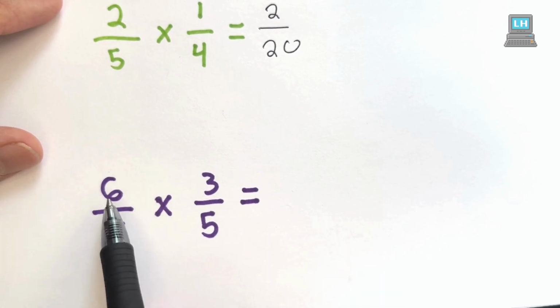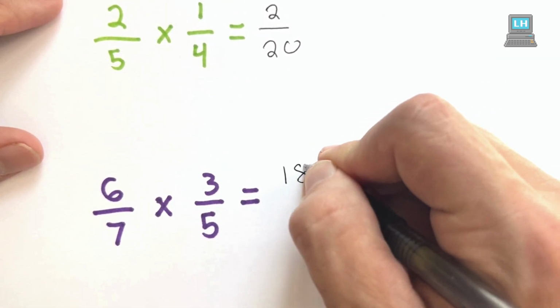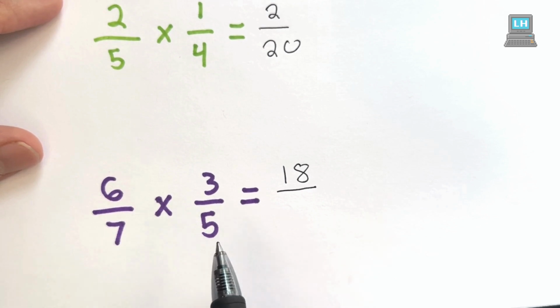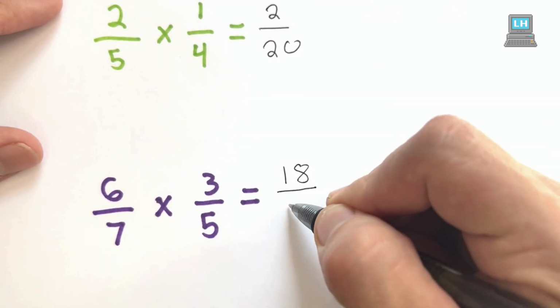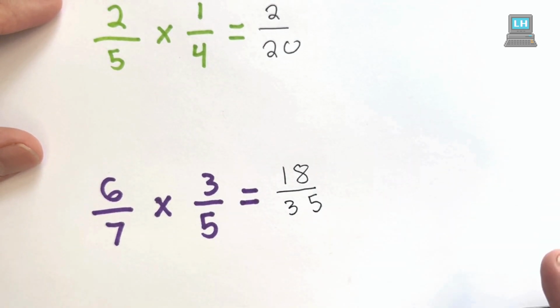Okay, so let's do 6 times 3. That would be 18. Okay, and then I'm going to do 7 times 5. 7 times 5 is 35. Okay, really simple, really simple, and you'll get the hang of it in no time.